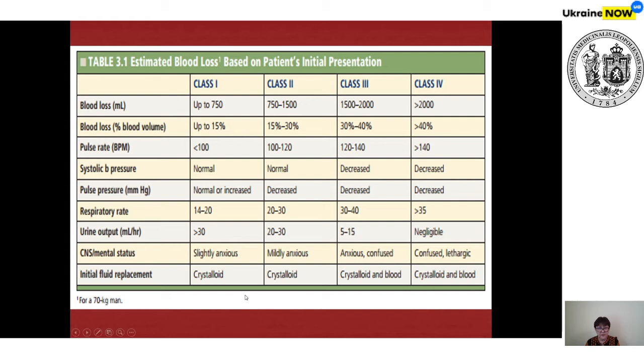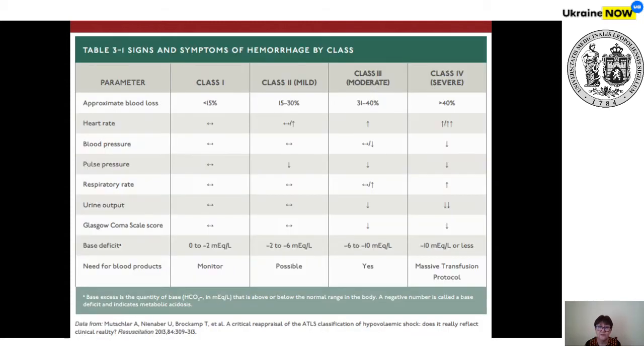And the last line demonstrates the initial fluid replacement. Crystalloids are recommended for class 1 and class 2, and for class 3 and 4, crystalloids and blood preparations. You can see that no colloids are recommended in trauma patients. Signs and symptoms of hemorrhagic shock classes, except all parameters we discussed above, you can see here base deficit.